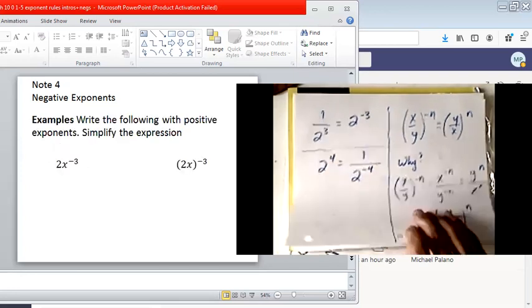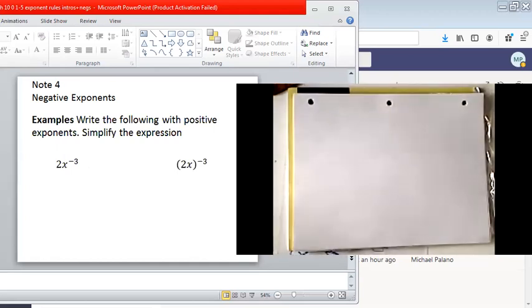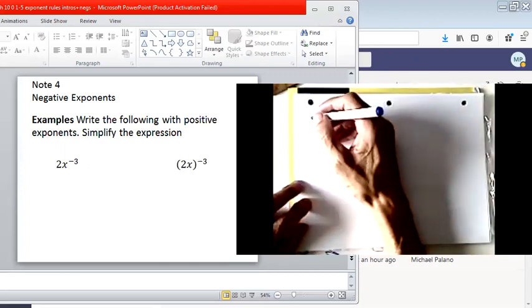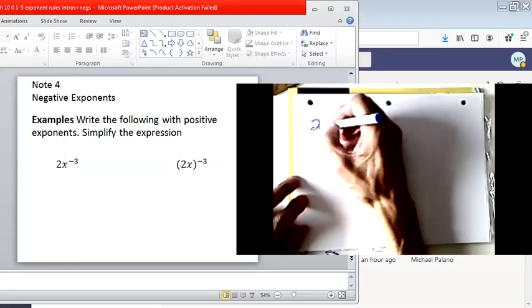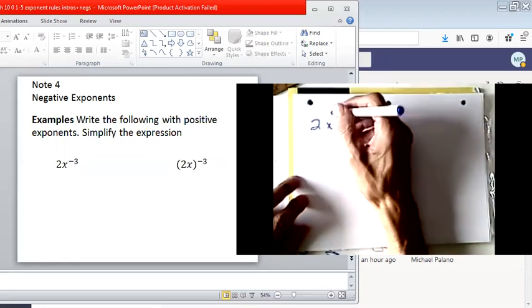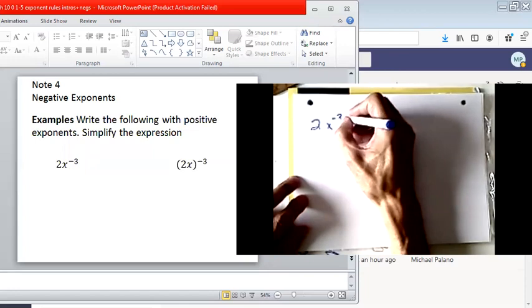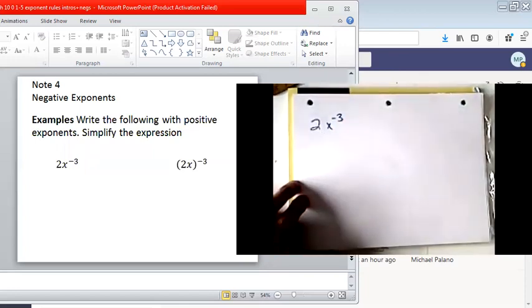So let's try some examples with this, being very careful about where this exponent is and what it acts on. Shota, you're here, help me out. This exponent, it's on the x for sure, but is it on the 2 as well?